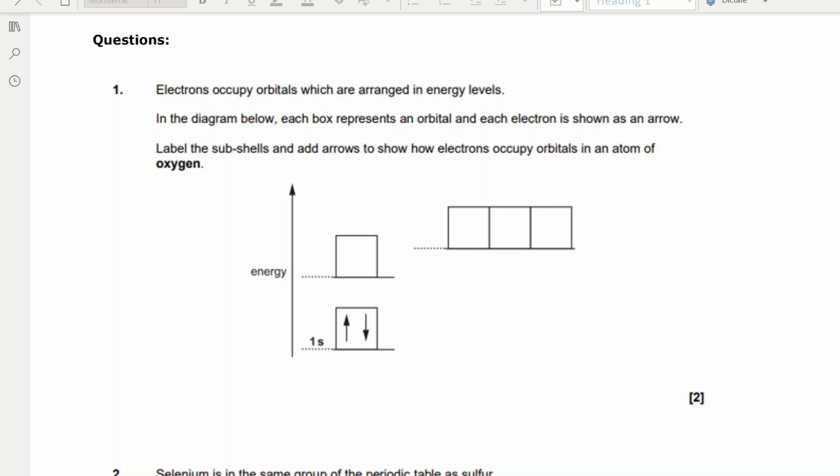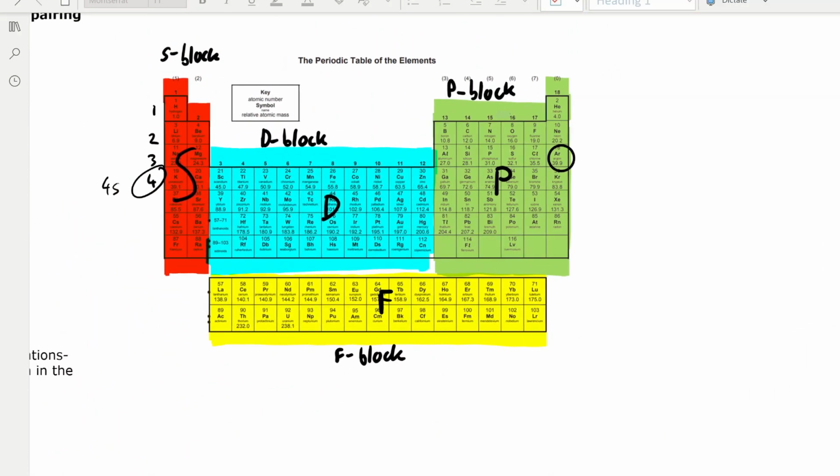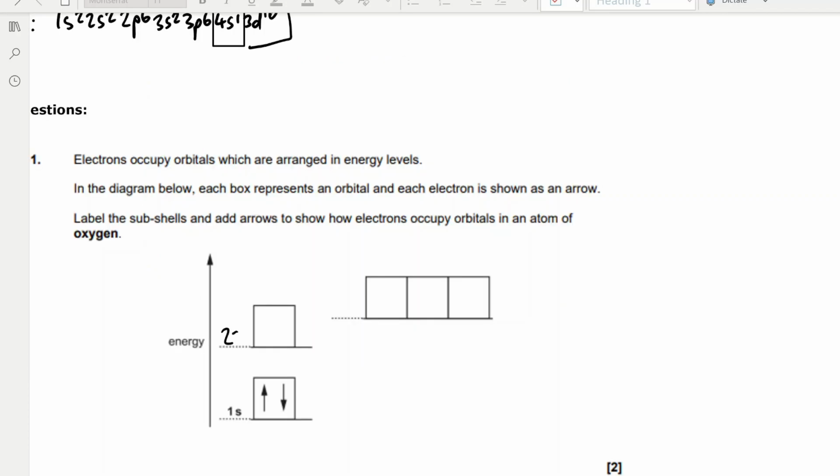And the arrows are drawn in opposite directions to show that the electrons are spinning in opposite directions, as we mentioned earlier. So if we have the 1s orbital here, if we have a look at our periodic table over here, we can see that we have the 1s orbital first, then we have the 2s orbital. So this orbital here is going to be the 2s, and that's going to be fully filled as well because oxygen has its outer electrons in the 2p subshell.